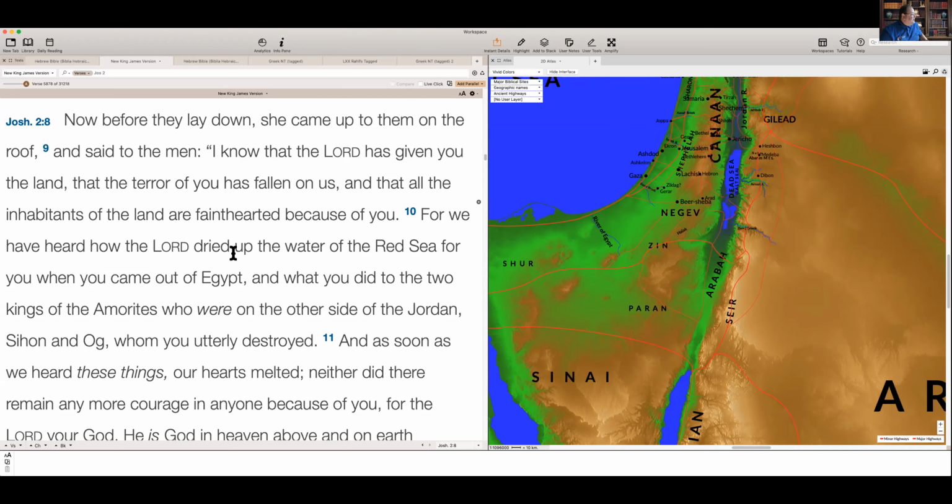For we have heard how the Lord dried up the waters of the Red Sea. You see what was causing the fear? The destruction of Pharaoh's army. That's what caused the fear. That fear was supposed to drive out the Canaanites.